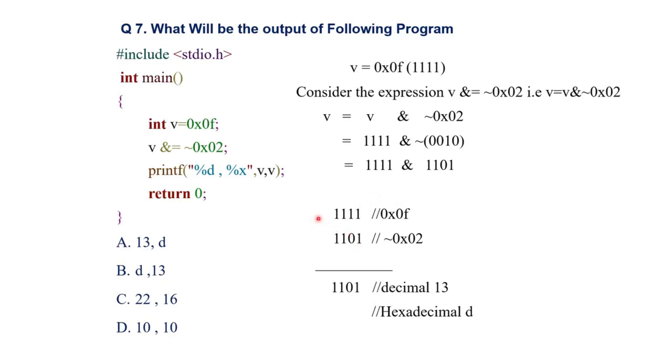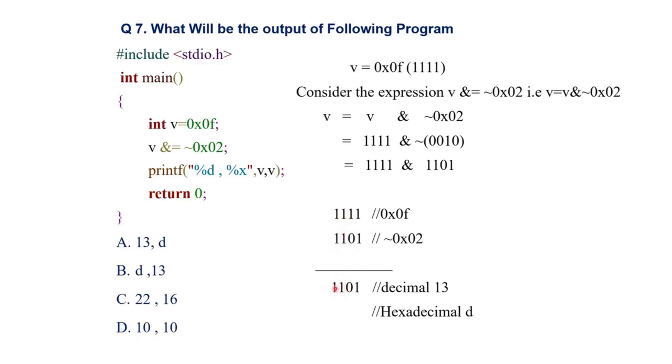This is the first operand, that is 0x0f, and this is the second operand, that is the negation of 0x02. These two will be ANDed. See here, 1 and 1 equals 1, then 1 and 0 equals 0, 1 and 1 equals 1, and 1 and 1 equals 1.